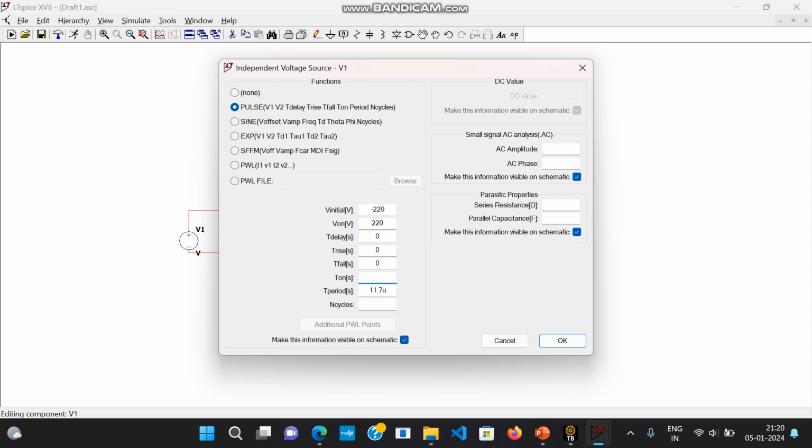Now what is T on? T on is the time for which you want the wave to be on. For that we specify 50% of 11.7 microseconds, which is 5.8 microseconds. That's done.